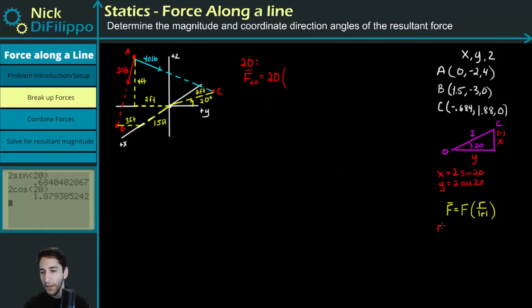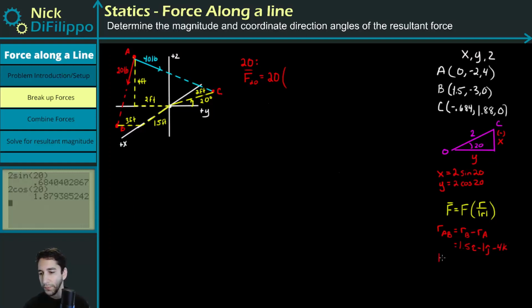My position vector from A to B is the position vector of B minus the position vector of A. I subtract the tail from the head of this vector, so we have B's minus A's. 1.5 minus 0 is 1.5i. Minus 3 minus a minus 2 is a minus 1j. And 0 minus 4 is a minus 4k.